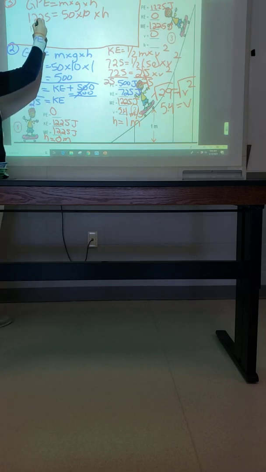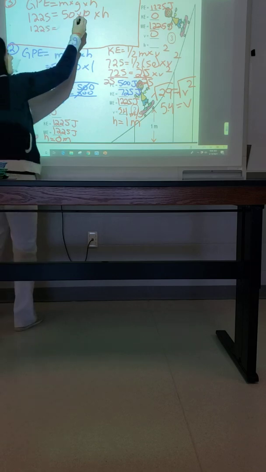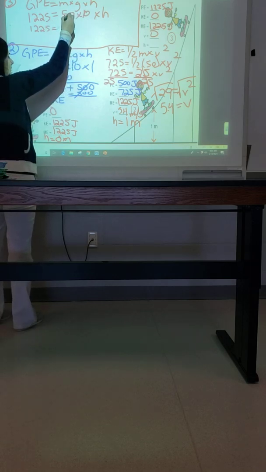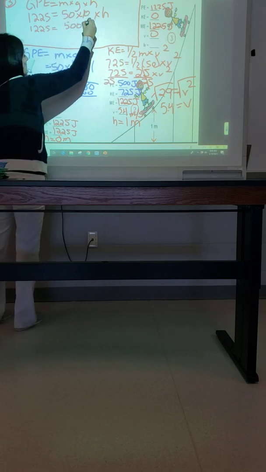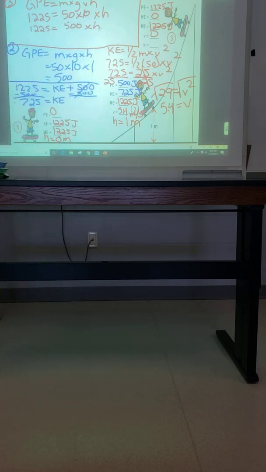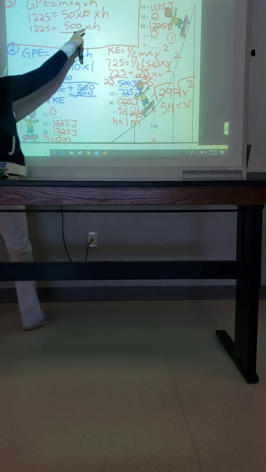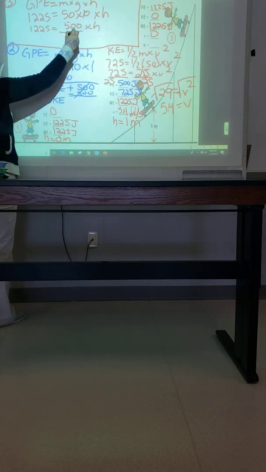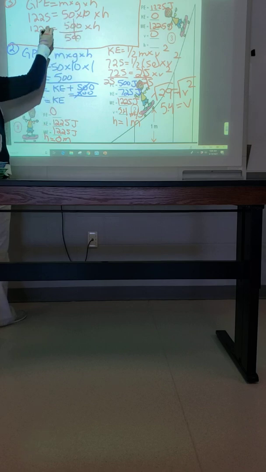I can't do anything with the 1225 just yet. 50 times 10 times h. Now, do I need to subtract 500? What do I need to do? There we go. Divide, because remember, multiplication, the inverse is going to be division. That gets rid of it.